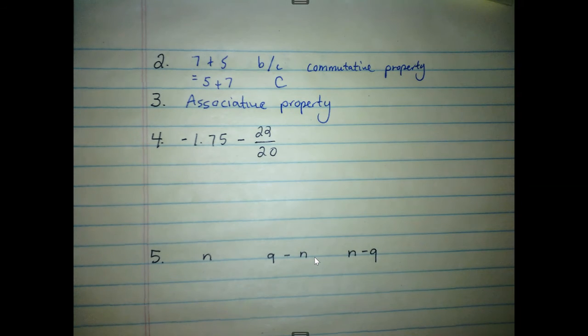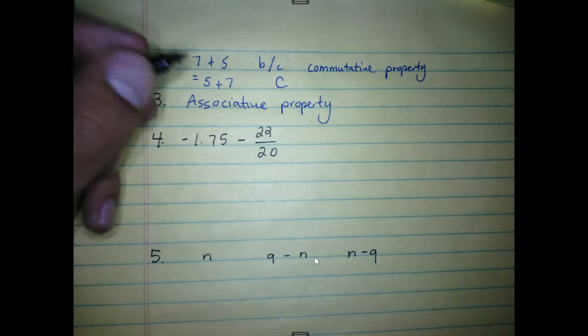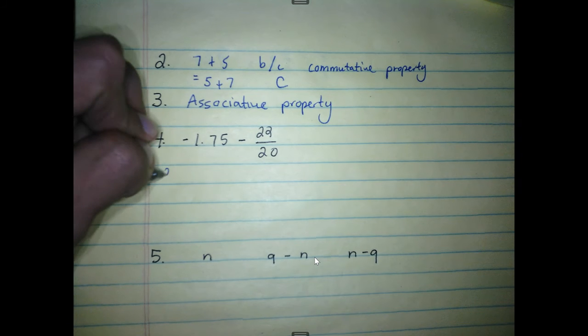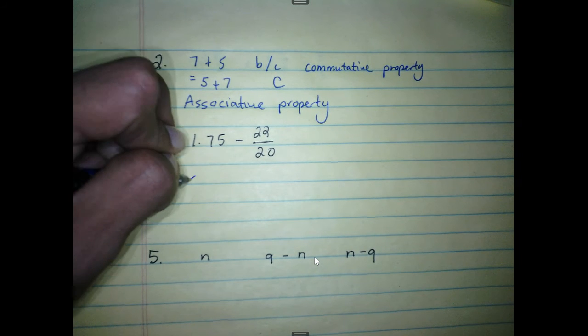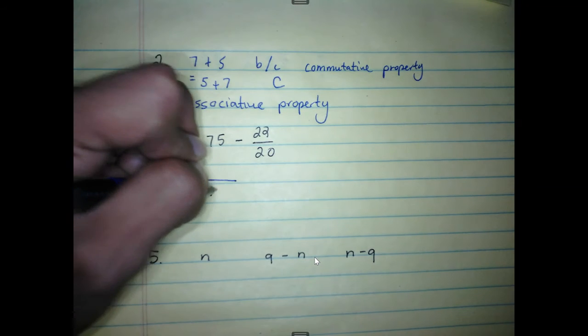Excuse me. So now we have number 4. We have negative 1.75 minus 22 over 20. So first, I'm going to make these both decimals. 22 over 20, I'm going to make into a fraction over 100, so it's easier to make into a decimal.